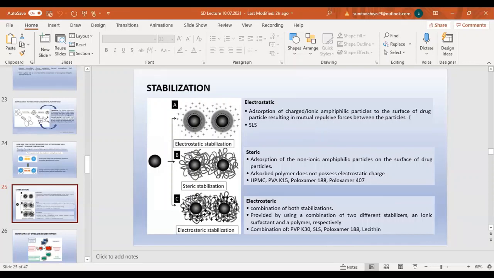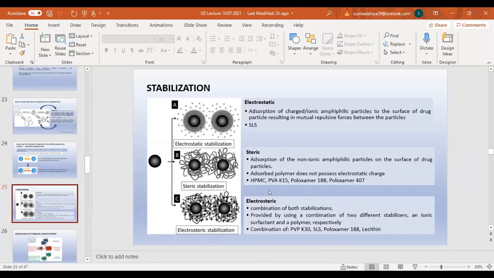For example, sodium lauryl sulfate or sodium dodecyl sulfate is used. Steric stabilization is provided when you use polymers like HPMC, PVA, PVP K15 or poloxamer, etc. Then this polymer will get adsorbed onto the particle surface and give the steric barrier.